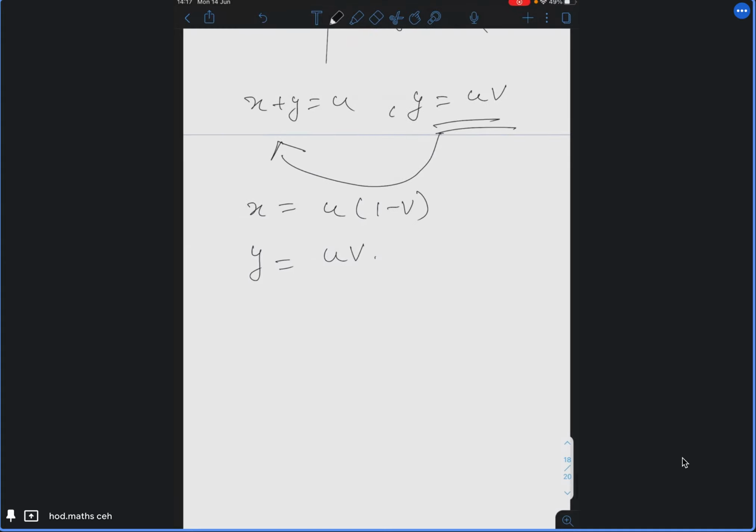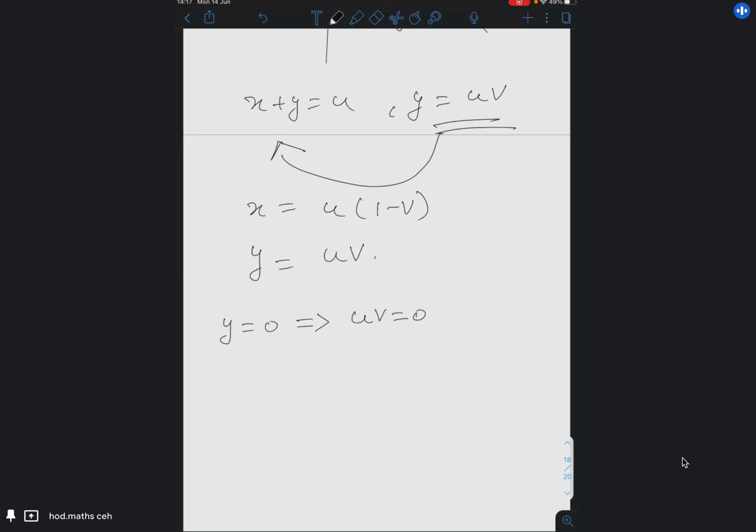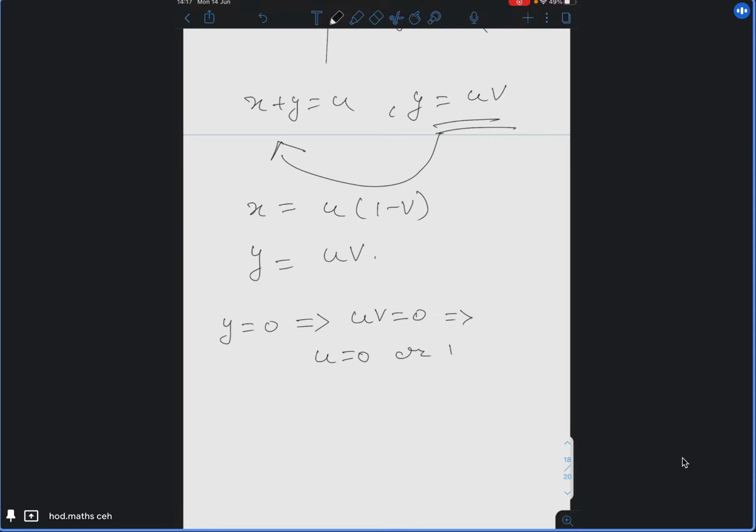So, let us see how you will find the limits now. One of the limits of y is 0. y equal to 0 means uv is equal to 0. Are you following? Yes, ma'am. So from this, what you will get? Either u is equal to 0 or v is equal to 0.